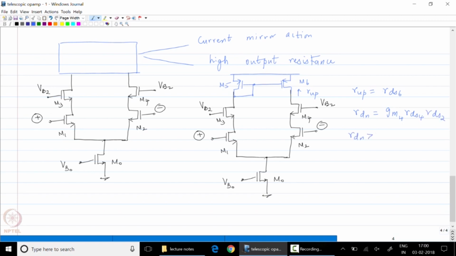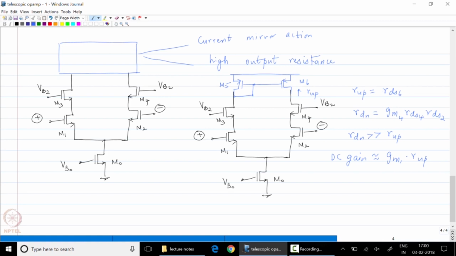So Rdown is much larger than Rup. This means that if I look at the gain of this op-amp, this gain would be approximately GM1 times Rup. So I have not moved that much.